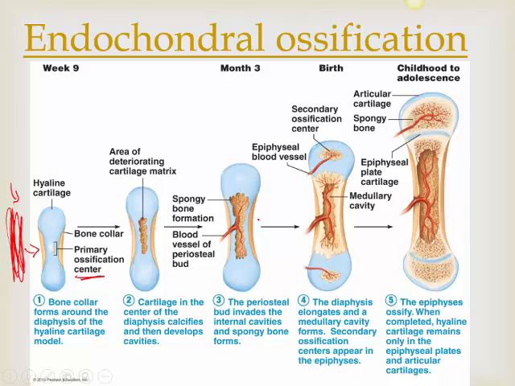So again, cells over here begin to enlarge, they drag blood vessels to it, and a secondary center of ossification appears. So here, this area also starts beginning to form bone. But between the epiphysis and the diaphysis at either end, bits or plates of cartilage are still left, which is known as the epiphyseal plate.